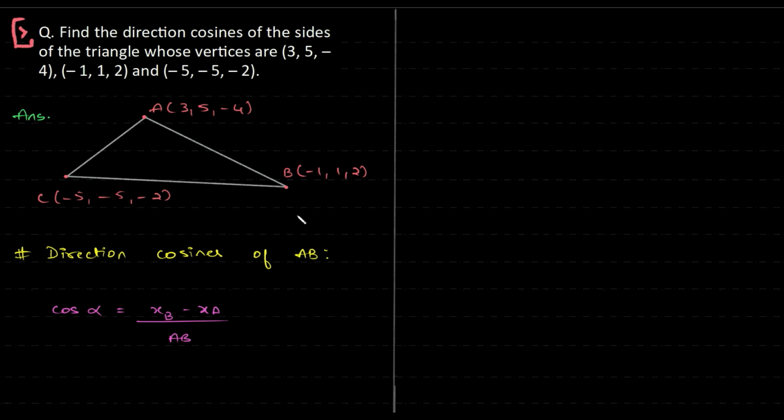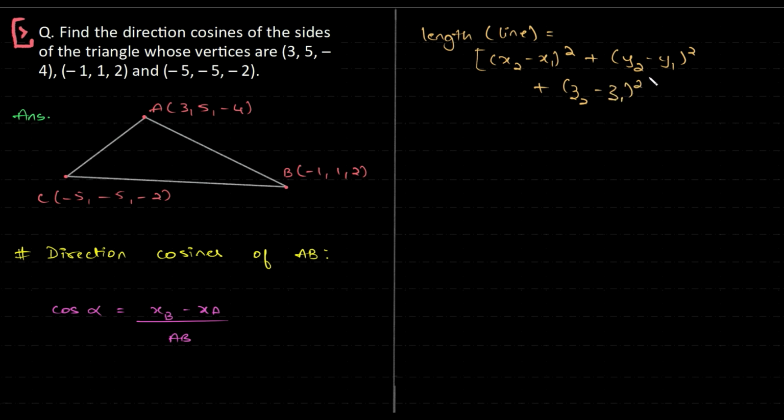First we have to figure out the length of AB. The length of a line in coordinate geometry is ((x2 - x1)^2 + (y2 - y1)^2 + (z2 - z1)^2)^(1/2). You should be very clear on this, because you would have studied it before in 2 dimensions, and this is expanded to 3 dimensions.